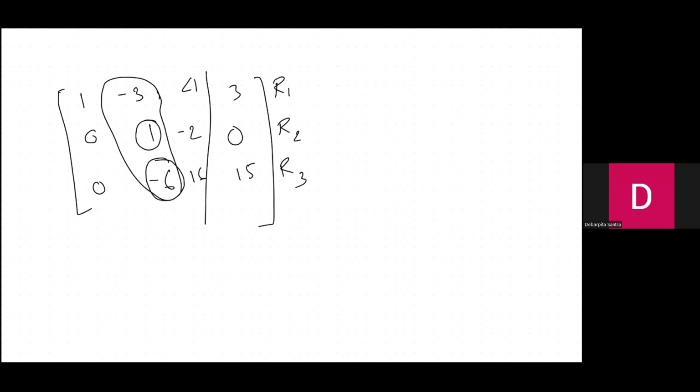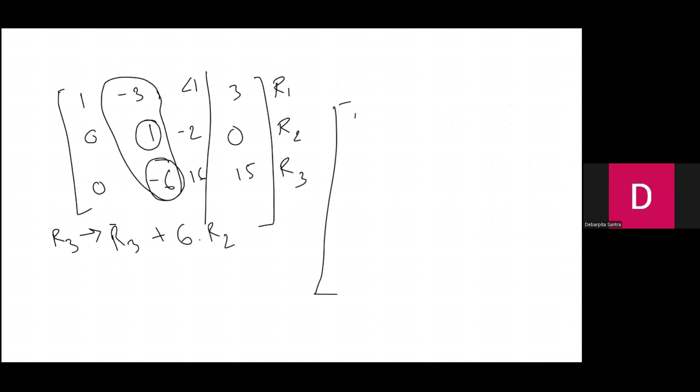Now the row operation will look like this: R3 is equal to R3 plus 6 R2. If I multiply 6 with R2, it will become 0. So what will be the matrix?